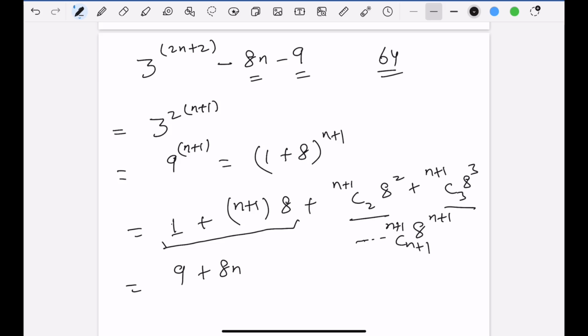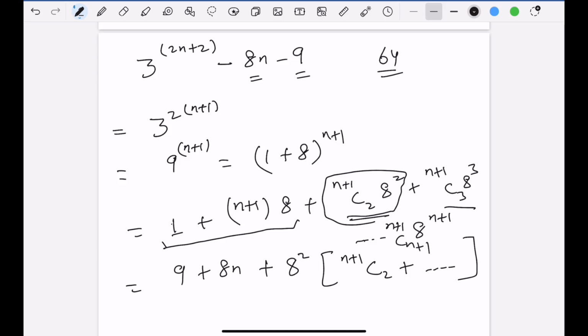From this term onwards, we have 8 to the power square, 8 to the power cube. So we can take 8 square as common. The leftover for this term is n plus 1 C2 plus some other terms.